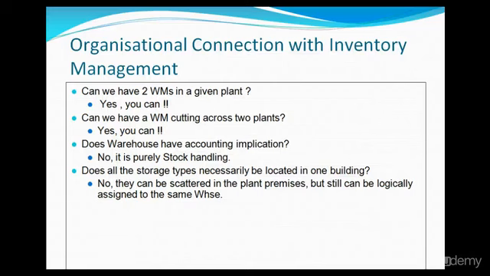Can we have a warehouse cutting across two plants? Yes, we can. One warehouse can be used to stock material from two different plants. Does a warehouse have accounting implication? No, it is purely stock handling. Do all the storage types necessarily have to be located in one building? No, they can be scattered in the plant premises but still can be logically assigned to the same warehouse.